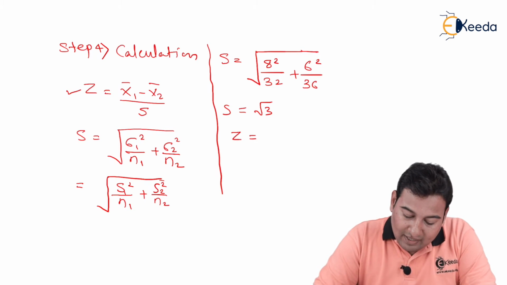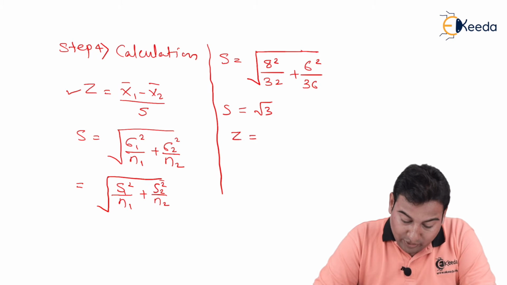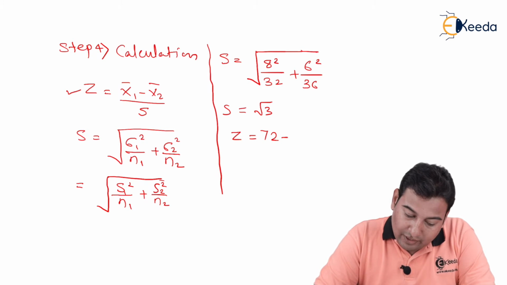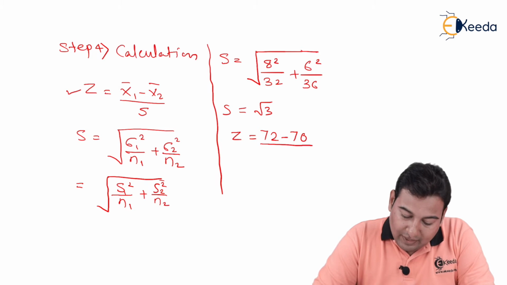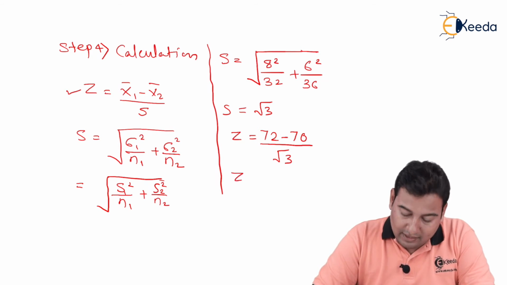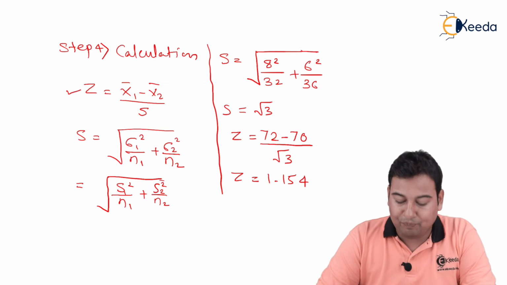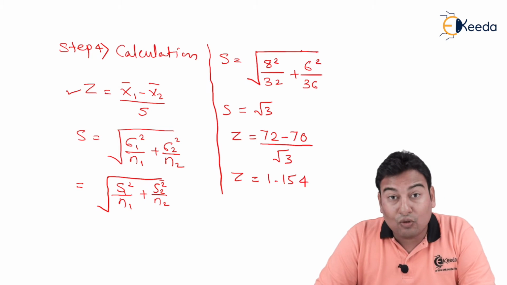So the z formula is x1 bar minus x2 bar, where x1 bar is 72, x2 bar is 70, upon s, and s is root 3. If you put it in the calculator, you will get the answer as 1.154. So we are done with the fourth step.